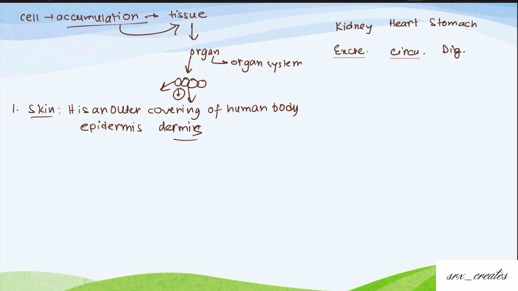Okay, now what's the location? If I say the location, actually it's a very easy topic. Location is where it is situated. Then the answer will be whole body, because skin is everywhere.